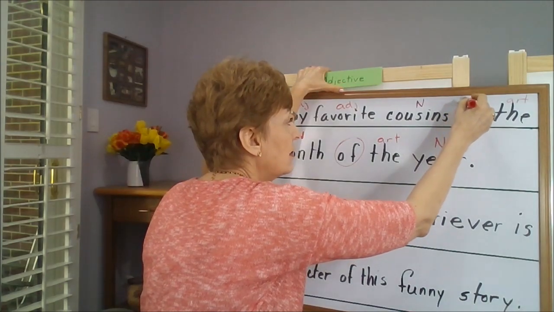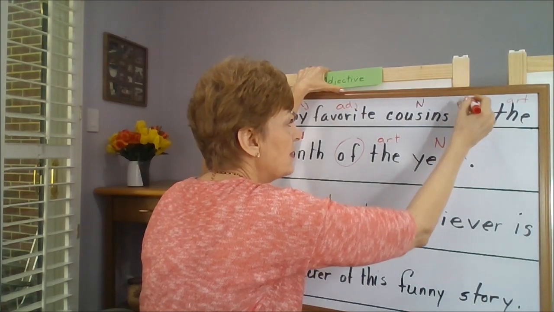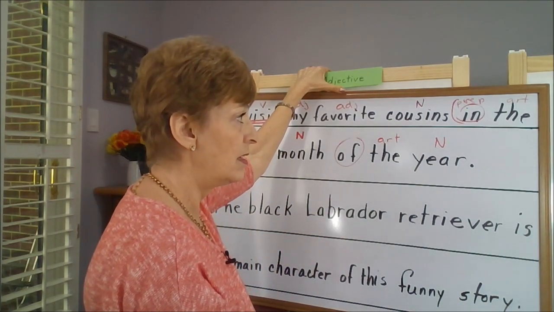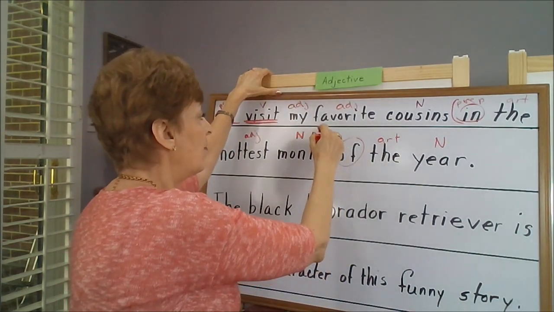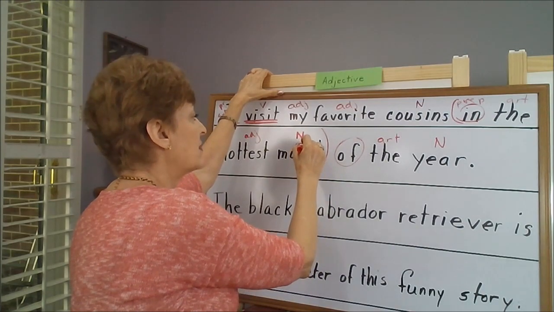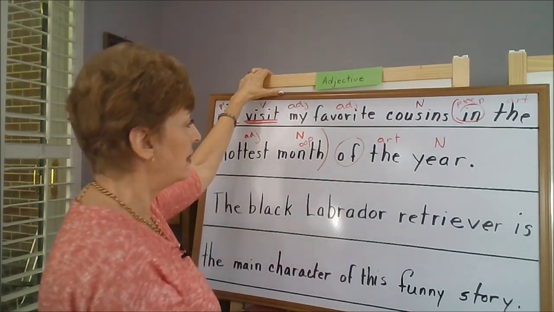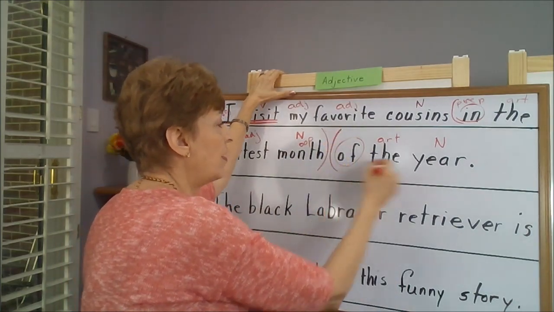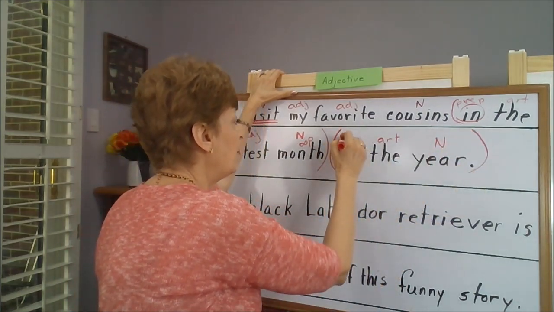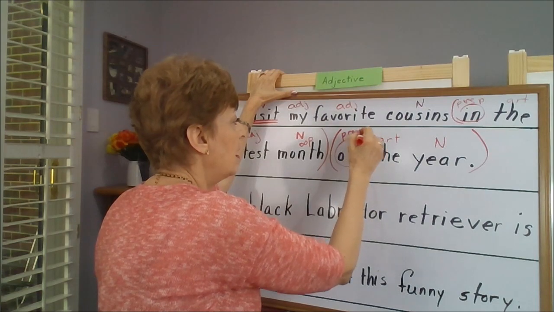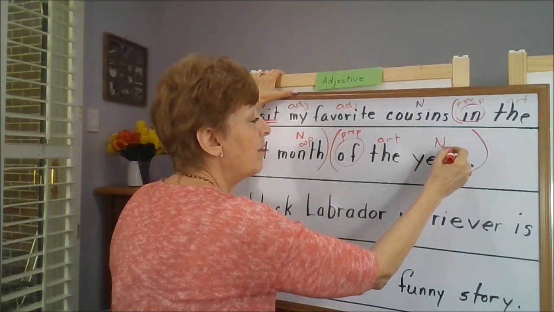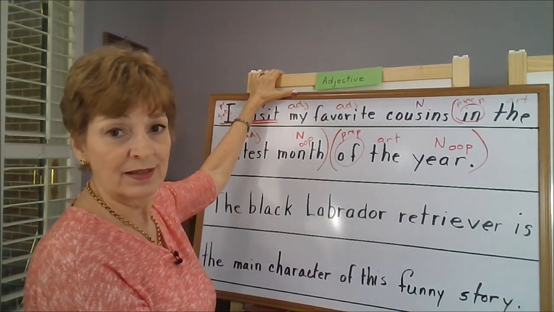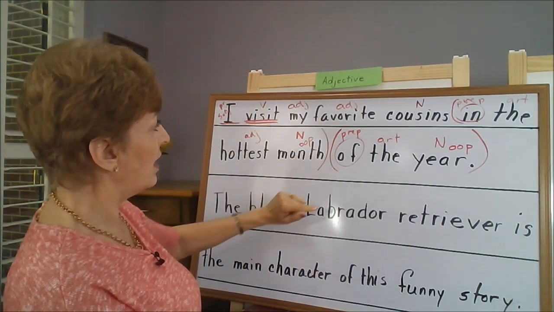This is a preposition. A prepositional phrase starts with a preposition and ends with a noun functioning as the object of the preposition. Of the year is another prepositional phrase. It begins with a preposition and ends with a noun functioning as the object of a preposition. So all of it works here.